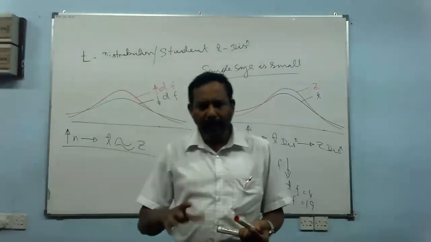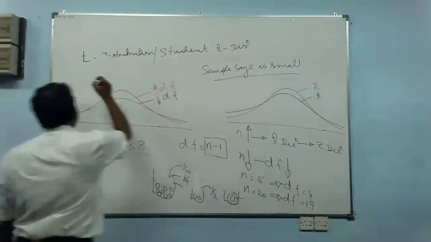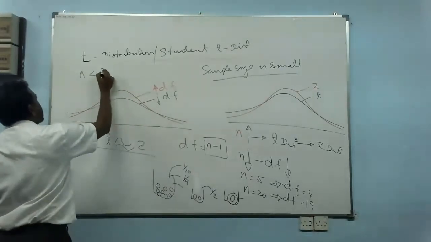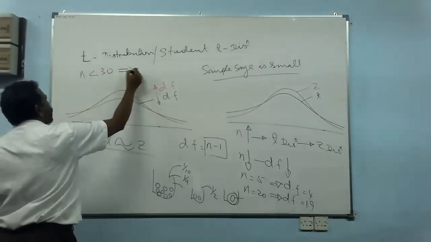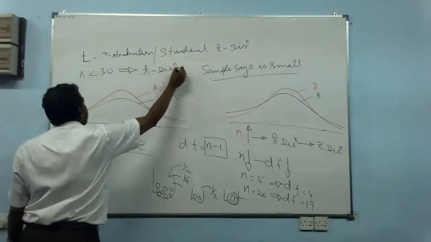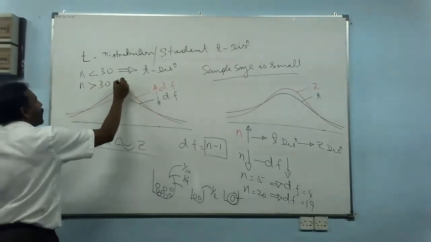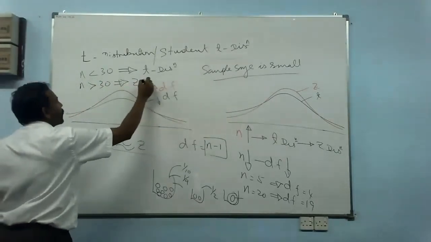So as a thumb rule, if the sample size is less than 30, then we'll have to use the t distribution. If the sample size is more than 30, we can use the z distribution.